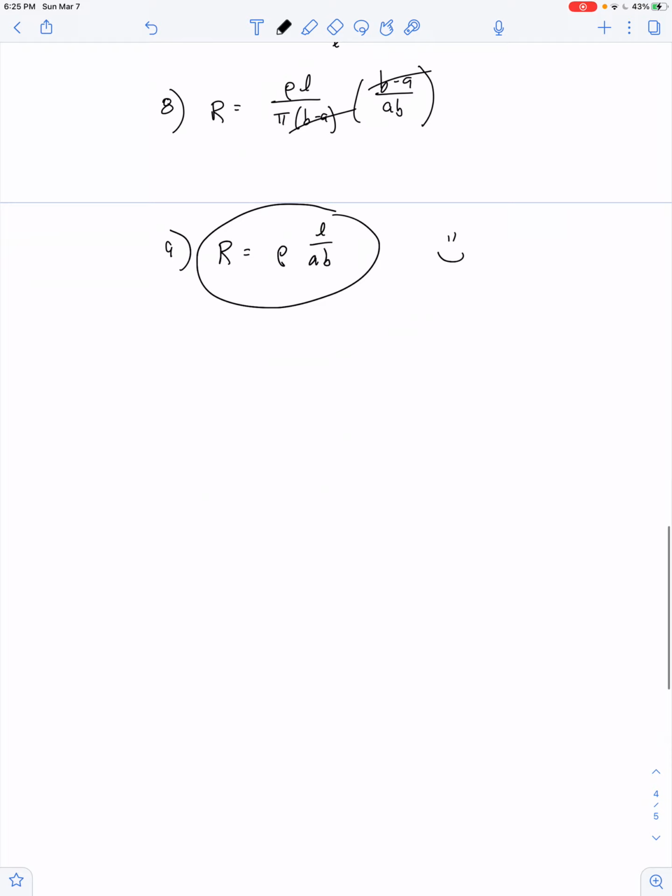Now, we should check to see if the result holds up for some special cases. Well, how about the case in which there's no difference between A and B?